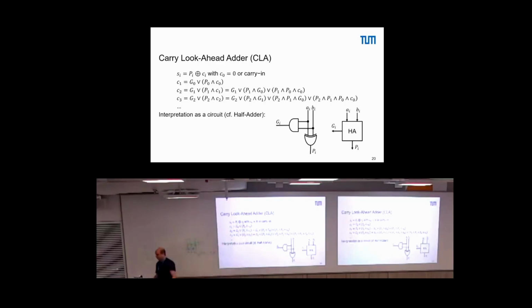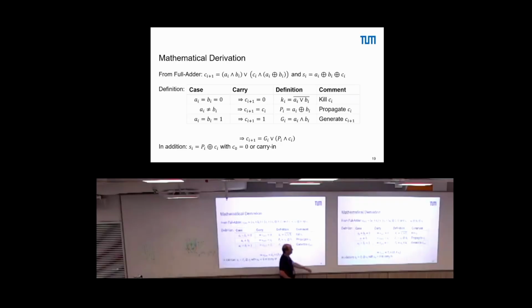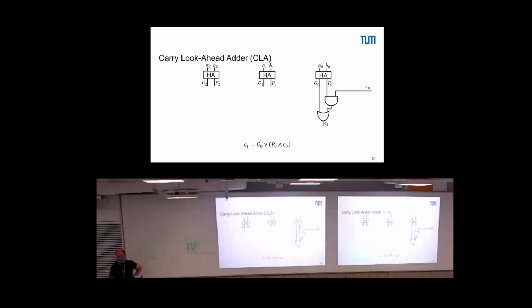Since G is effectively only an AND of two inputs and P is only an XOR, we can construct generate and propagate just with a half adder. So the sum output of a half adder is the propagate, the carry output of a half adder is the generate, right?